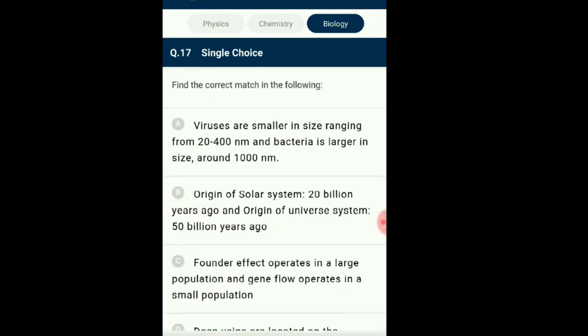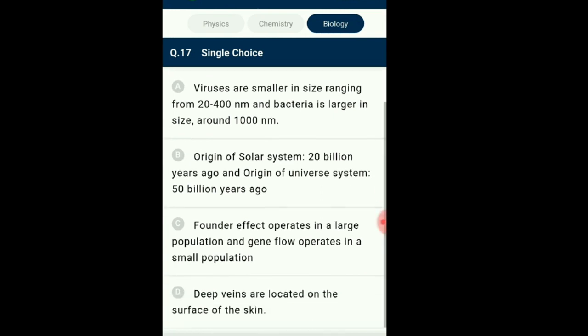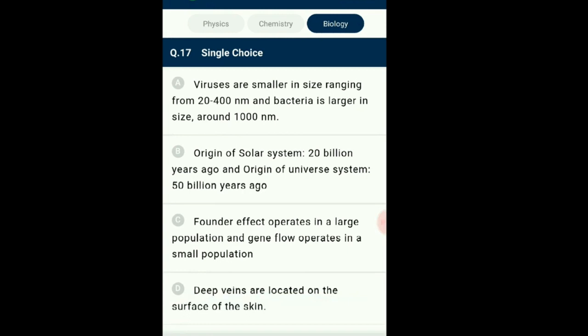Question number 17. Find the correct match in the following. The universe originated about 20 billion years ago by the Big Bang theory. It is generally called a thermonuclear explosion of a dense entity. About 4.5 billion years ago, our solar system was probably created when the gaseous cloud called the solar nebula started to collapse under the force of its own gravity.